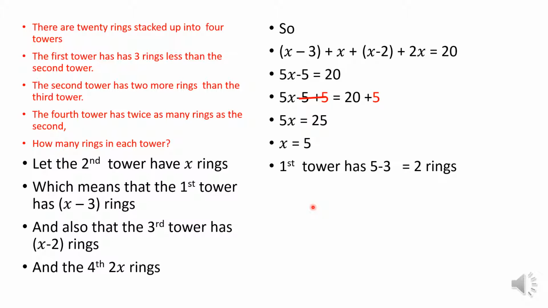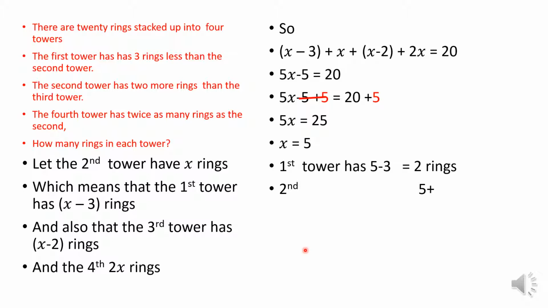Now, if that's correct, then for the first tower, because that's got 3 rings less than in the second tower, 5 minus 3 will give us 2, so we've got 2 rings in tower 1. For the second tower, we've got 5 rings, because that's x, and x is 5.